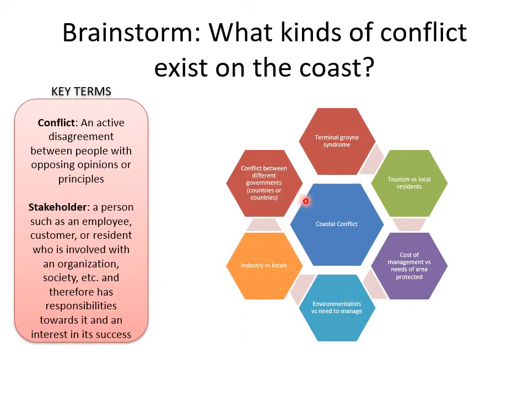It might even be, and we'll look at examples of this, conflicts between different governments. Now that might be different counties. A good example is Barton-on-Sea on the south coast, or it might be between countries where you've got one country perhaps damming a river, and that has an impact downstream on the coast. So they're the sort of things that you need to think about.